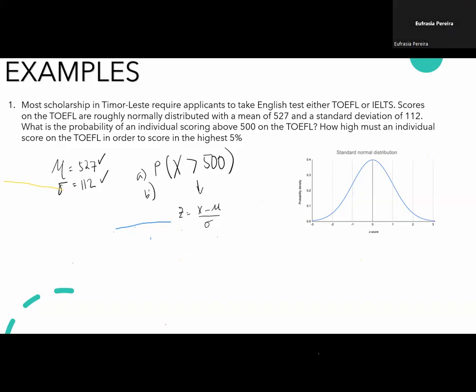Okay, that is the formula. You still remember that? So this x value equals 500 minus the mean of 527, divided by 112. What is the z value over here?